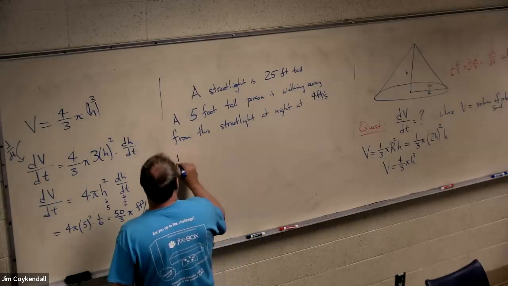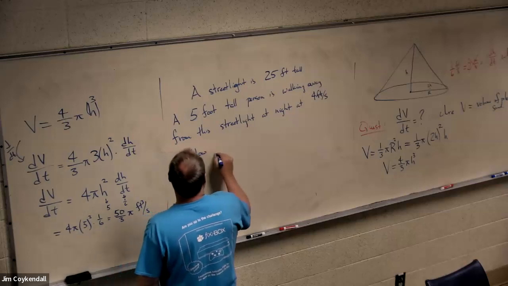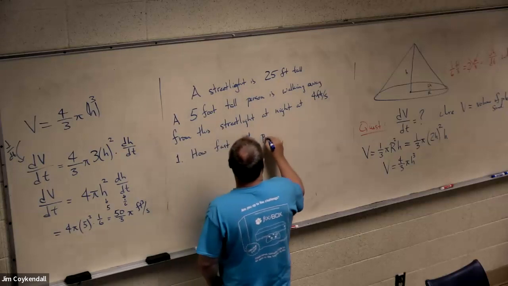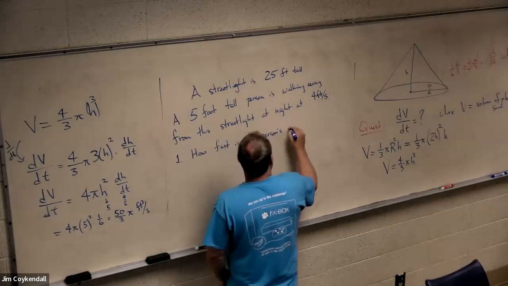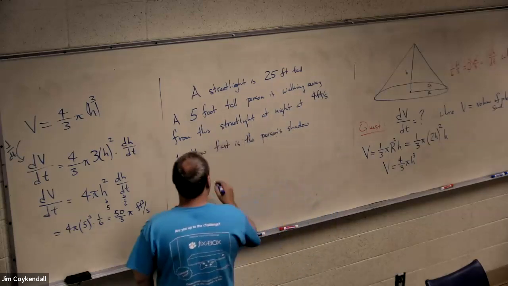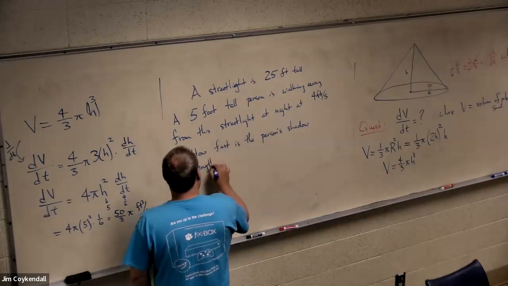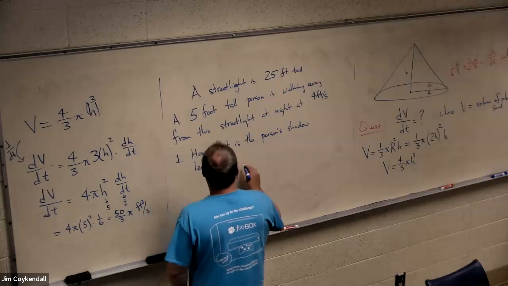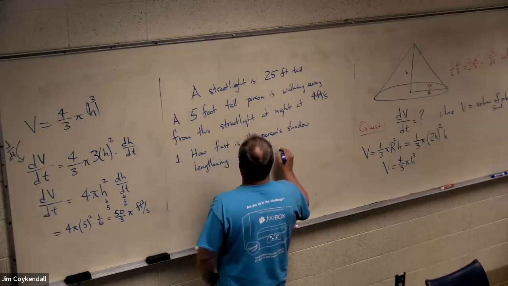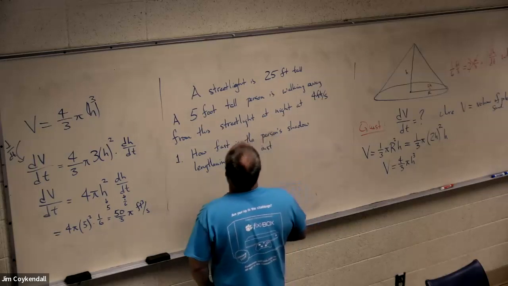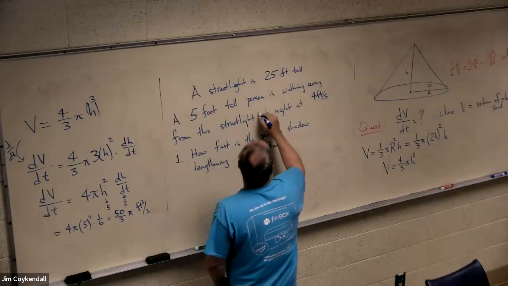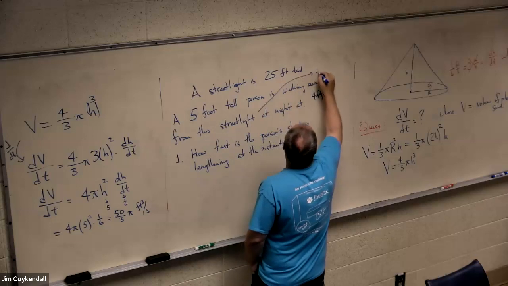Number 1, how fast is the person's shadow lengthening, at the instant, and let me also say in a straight line.